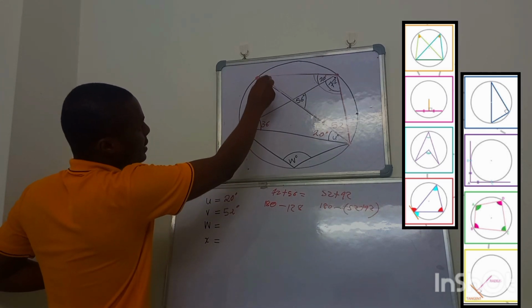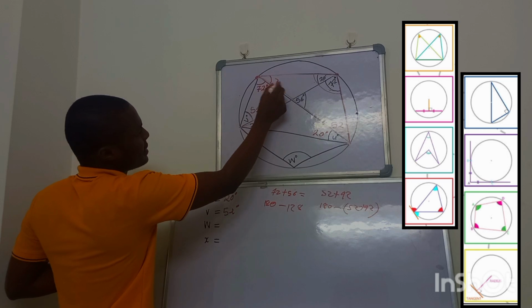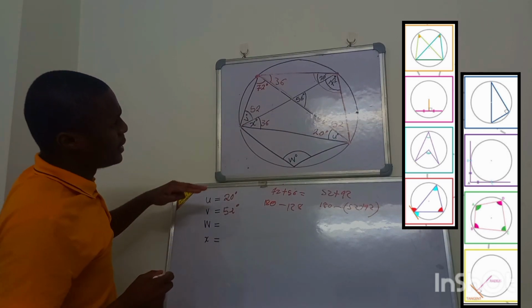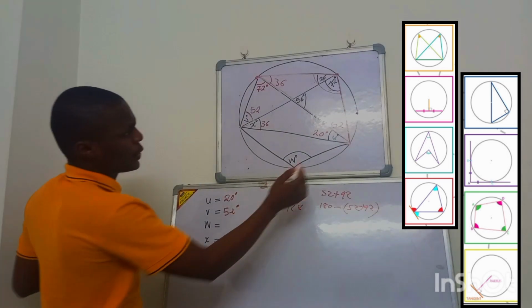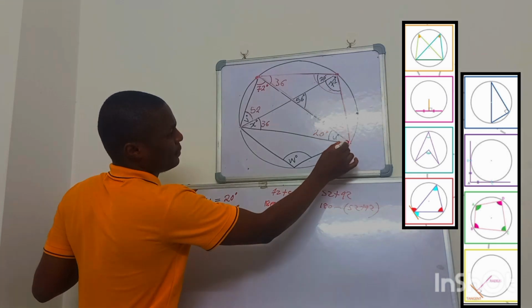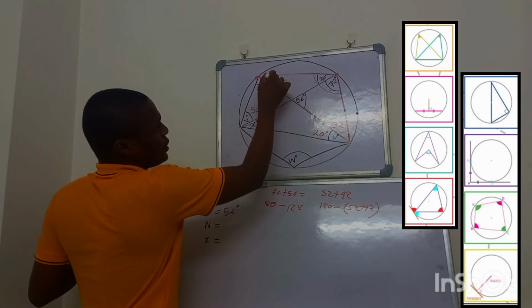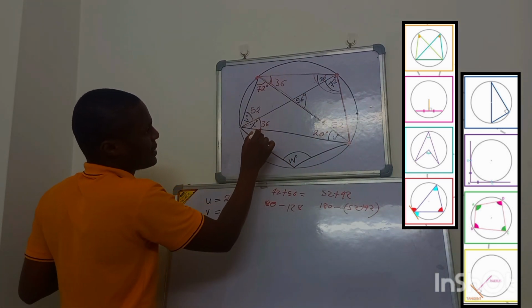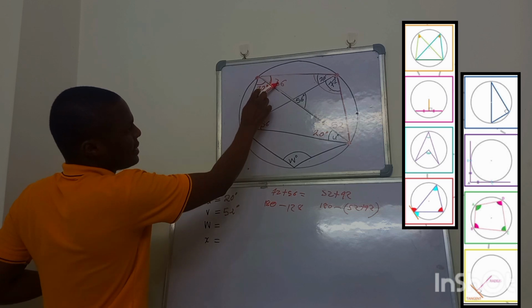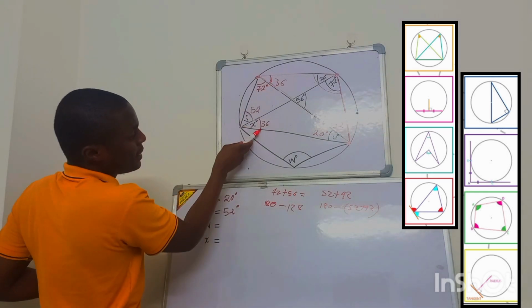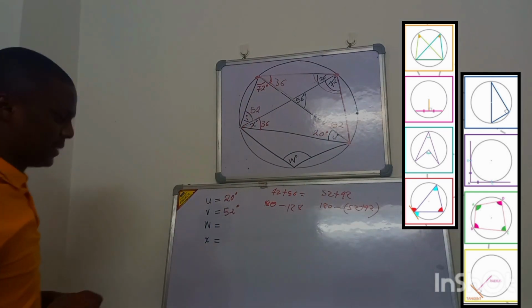So we are going to get this part as 36. So now let's use this chord, the last chord. So these two angles are subtended by the same chord, that is 36. If this one is 36, this one is also 36, right?